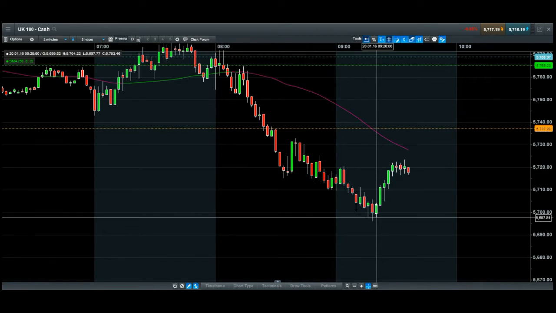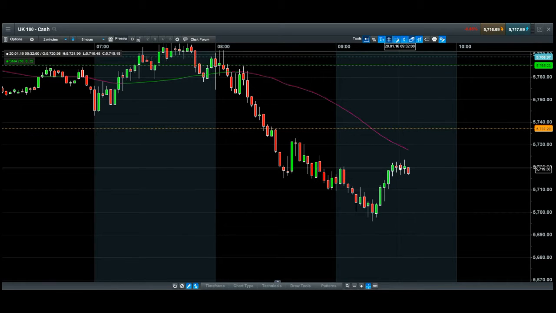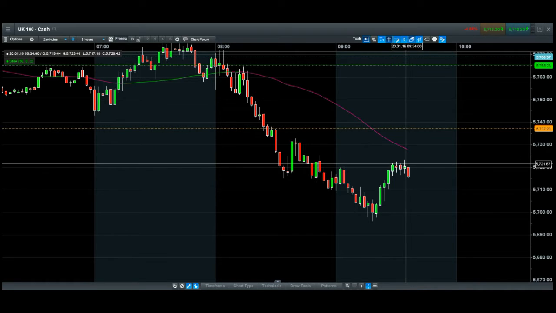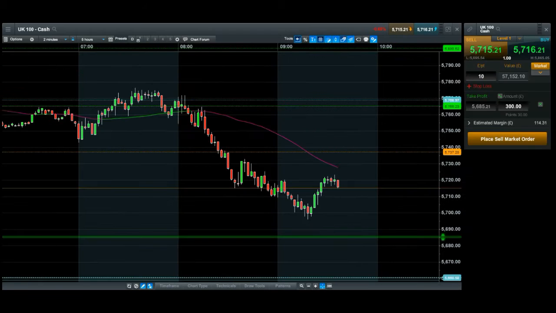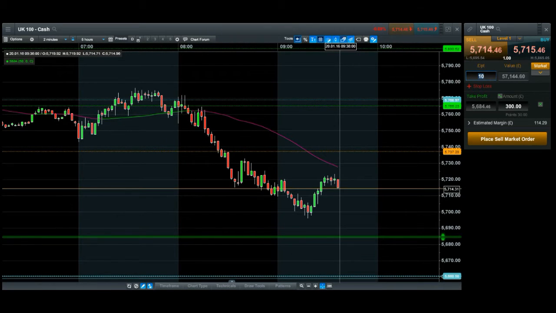As you can see now, the index rebounds from this area of 5,700, rebounds to 5,720, and already here it's got a tremendous rejection, and the price is beginning to retreat. I will wait until that candle is closed to decide where to go.